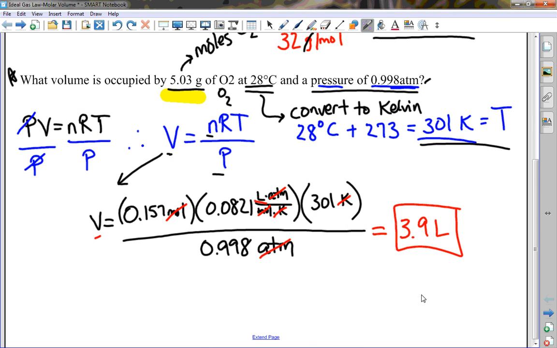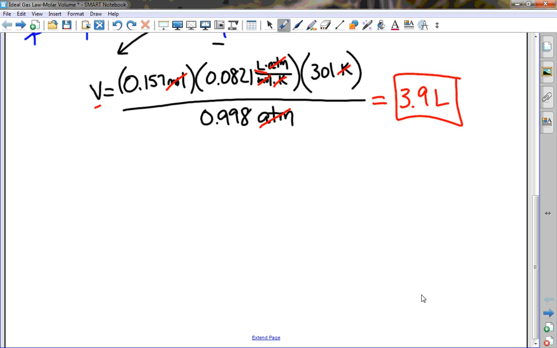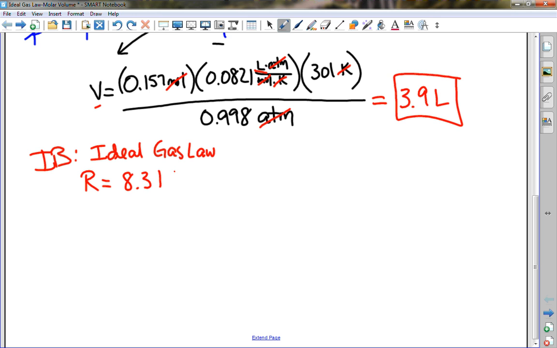I do want to make one quick note for the IB students. For IB, if you look in your textbook and you see the ideal gas law, they're going to have the same equation, of course, but they give an R value of 8.31 joules per Kelvin per mole, and their pressure is in the unit of pascals, Pa.